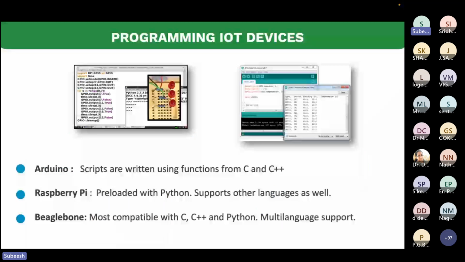And this is how you program the IoT devices. If it is Arduino, you can write your scripts in C or C++. It's more or less pin level, where you will be accessing the pins and controlling them by passing signals. It's very simple. Many of you must have tried this. When you talk about Raspberry Pi, we have a little more control on the GPIO, more pins and more operations.